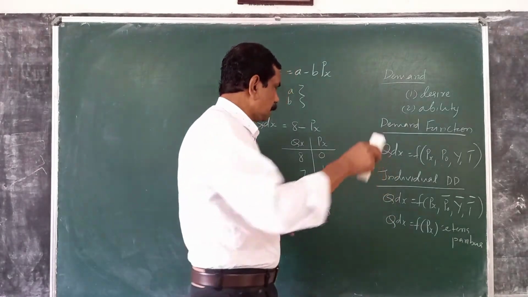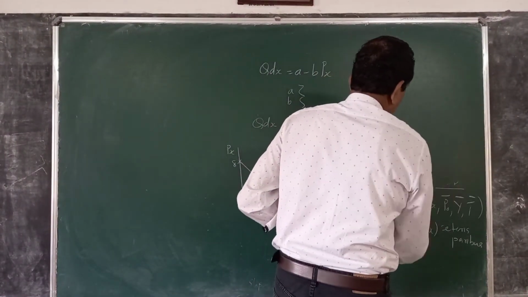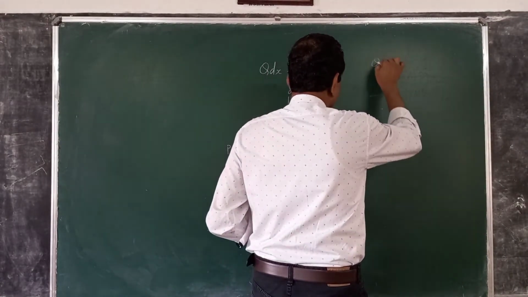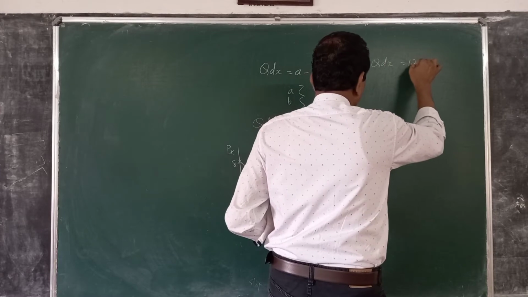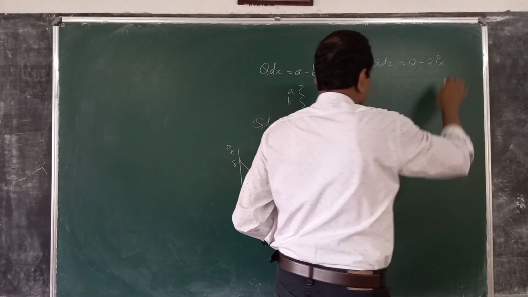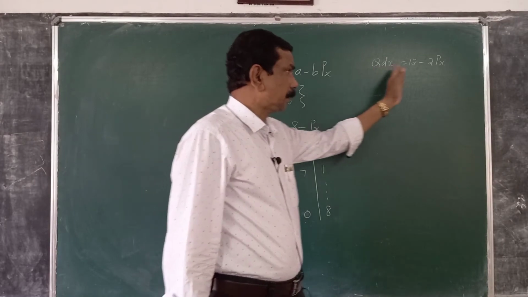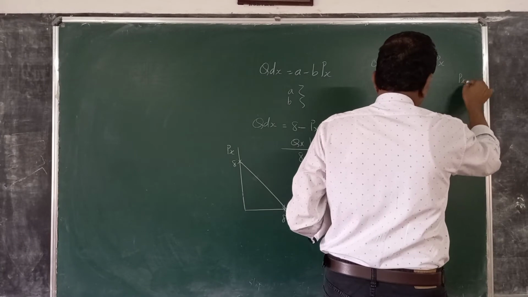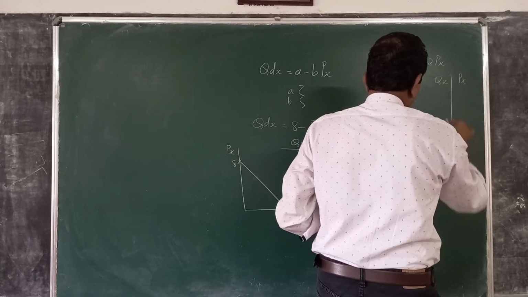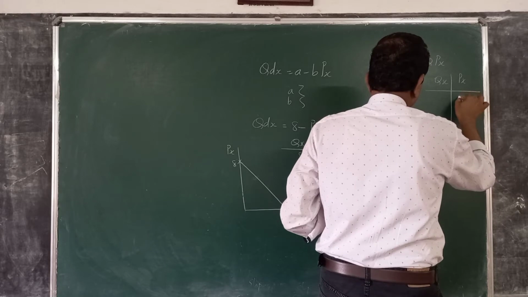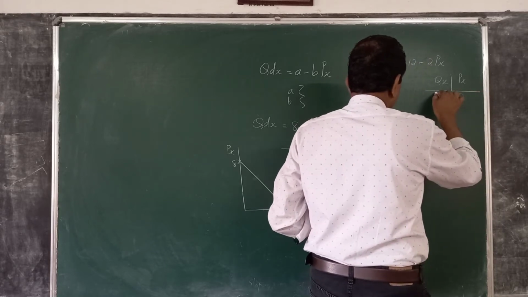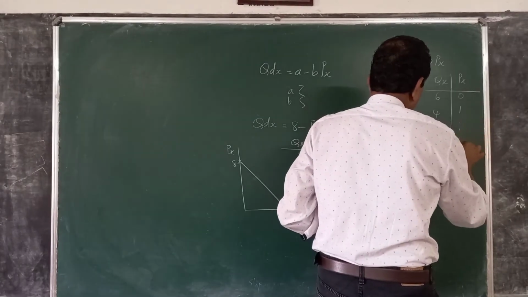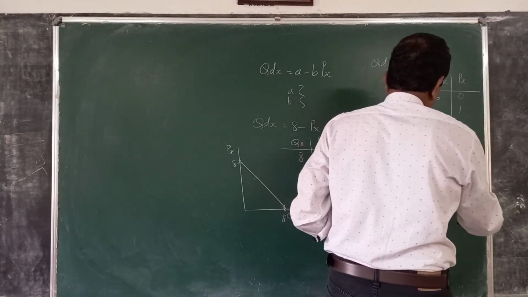Now, to clarify a few more points, suppose that Qdx equals 12 minus 2Px is a linear demand curve. By assigning successive values to Px, you will get the corresponding Qx. Px is 0, Qx is 6; Px is 1, then 5, and so on until Qx is 0.